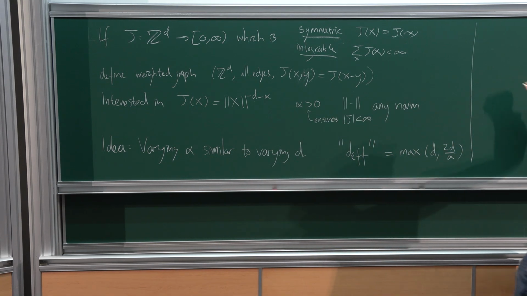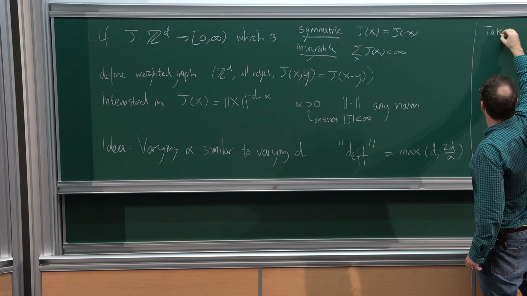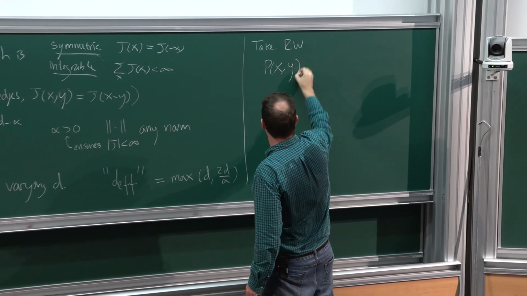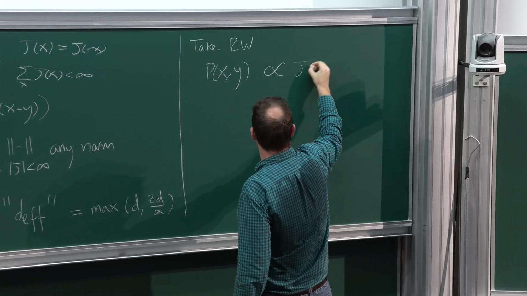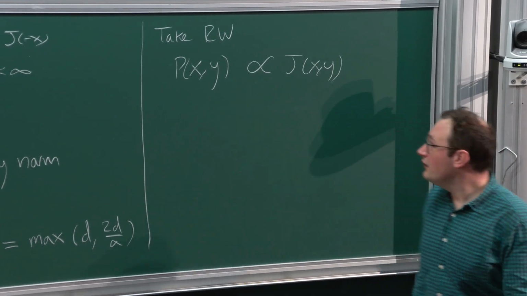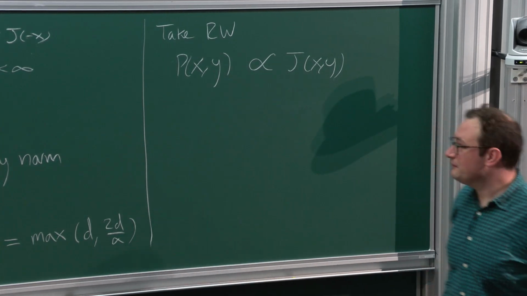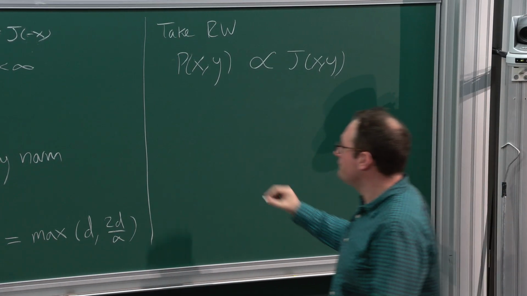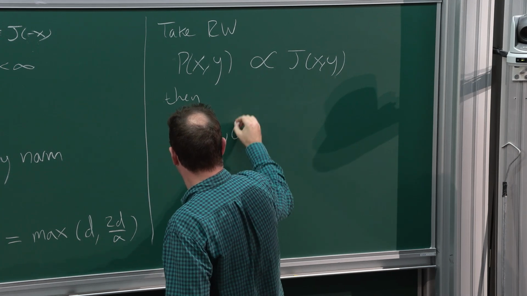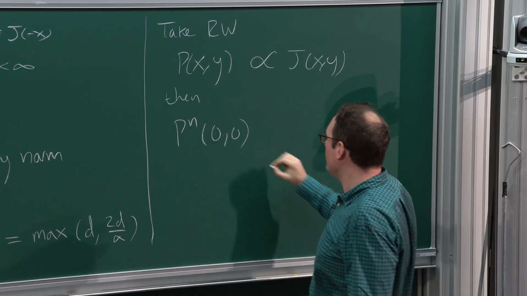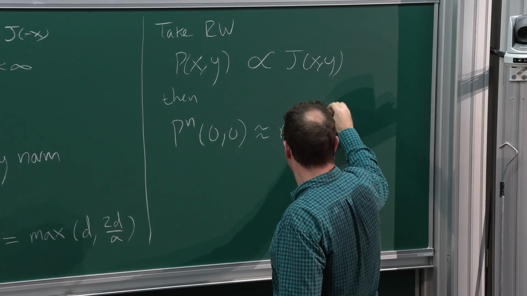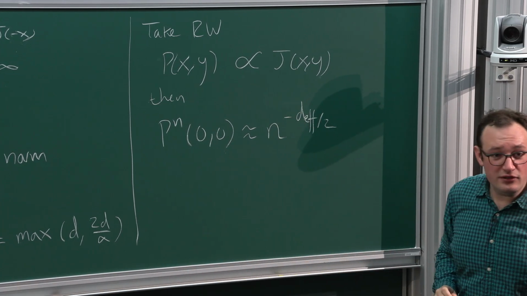if you take the random walk with transition kernel proportional to this kernel J, where the symbol just means there's some constant, so that this is equal to this times a constant, then if you look at the n-step return probabilities to the origin, it decays like n to the minus d_f over 2.